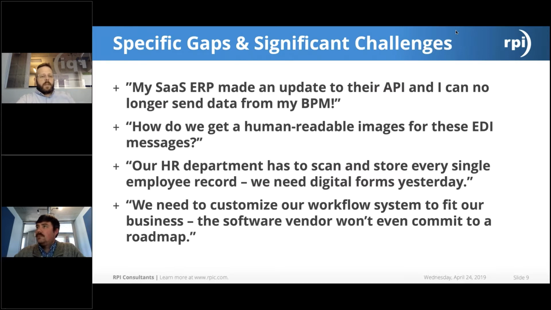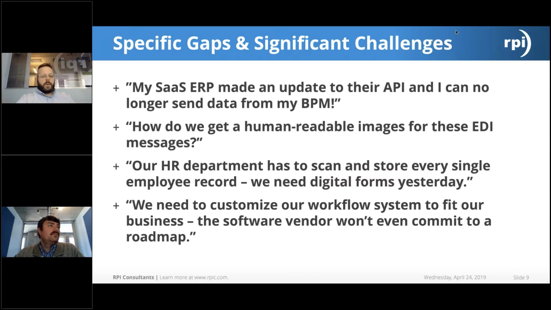Then the next one is something we hear all the time. How do we get a human readable image for these EDI or other text transfers of information? So again, with invoices, but also other financial processes, for a purchase order, for human resources processes like the transferal of benefit application information.